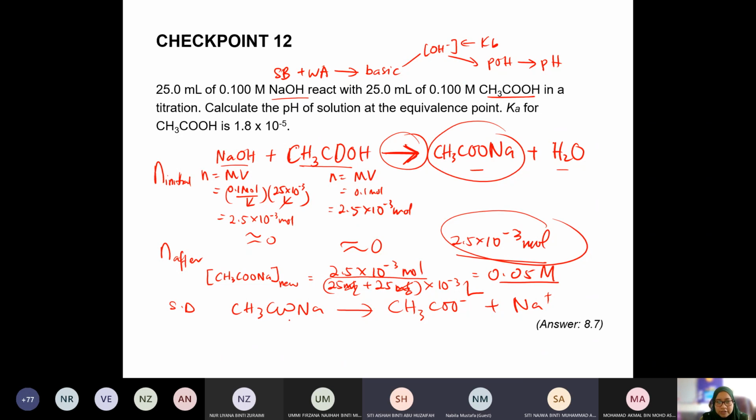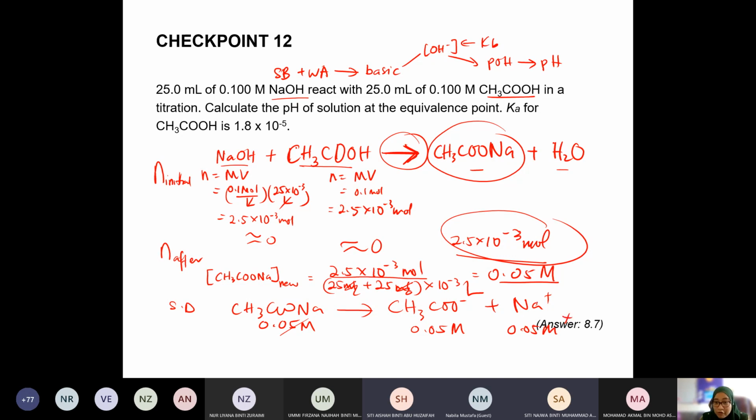So once you have the concentration here, you have this molar. So when this one dissociated fully in water, it will fully dissociate. It will produce this 0.05 molar of CH3COO minus and 0.05 molar of sodium plus.